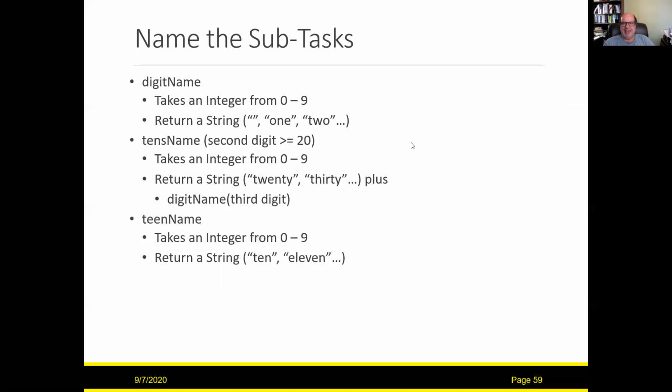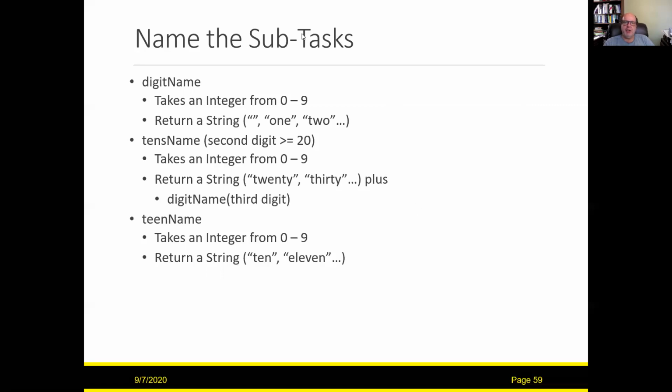If I have 25, I get the 20 from here and then the 5 from here. So we're going to create a task, and this is why we have to spend some time in our design area to be sure that we are designing our stuff to make our code as efficient as possible.